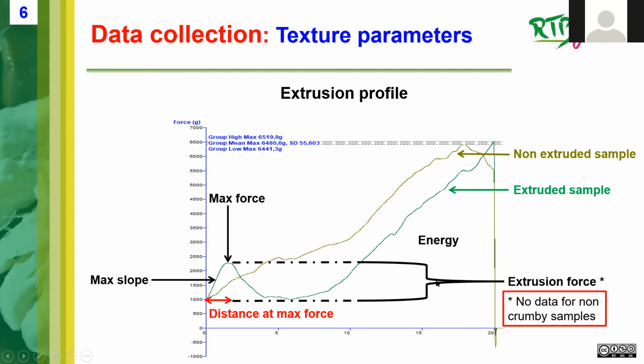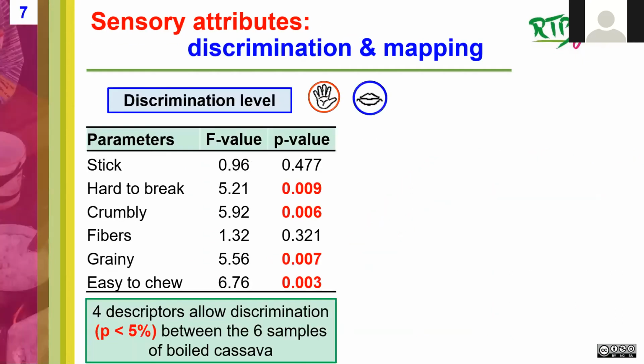measured by the penetrometry. An overview of the main results obtained from the sensory analysis indicated that out of the 6 texture descriptors, only 4 descriptors, hard to break, crumbly, grainy, and easy to chew, allowed discrimination between the 6 samples of boiled cassava.